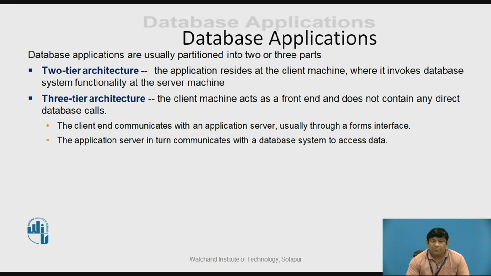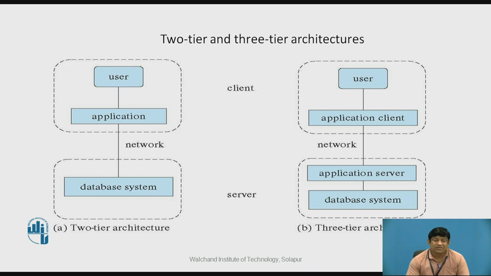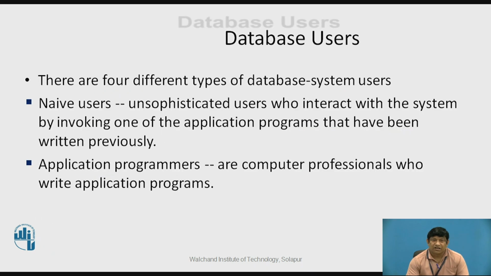The client communicates with an application server, usually through a forms interface. The application server in turn communicates with the database system to access data. Here we consider a sample visual of two-tier and three-tier architecture. That will make your idea clear with respect to two-tier and three-tier architecture.